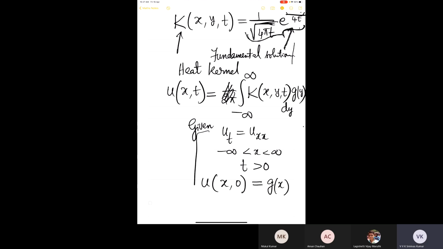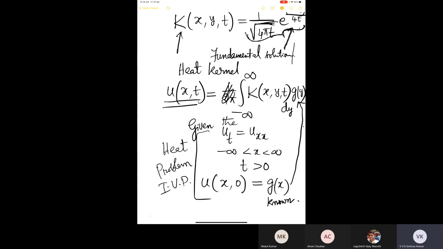When the heat problem is given like this, it is an initial value problem. So when we are given the initial value, this g is coming here, because this is given to us, it is a known quantity.